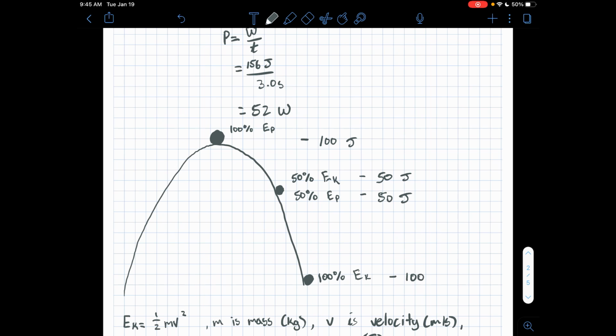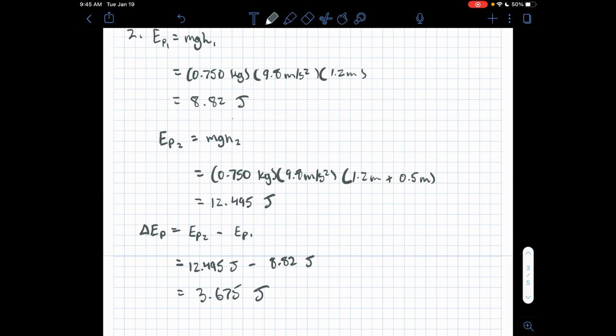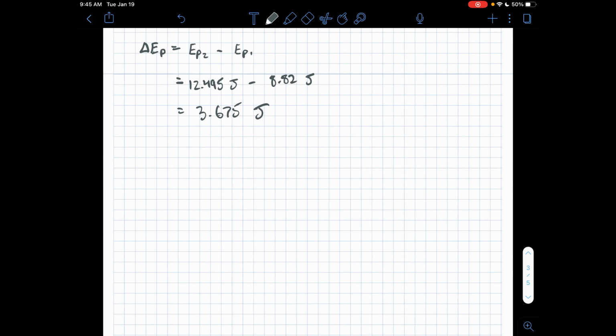So once again, it has a total energy of 100 joules. However, all 100 of those joules are kinetic energy. So that's basically just the law of conservation of energy. So the equation for this is E, which is the total energy, is equal to the kinetic energy plus the potential energy, where they're all using units of joules.